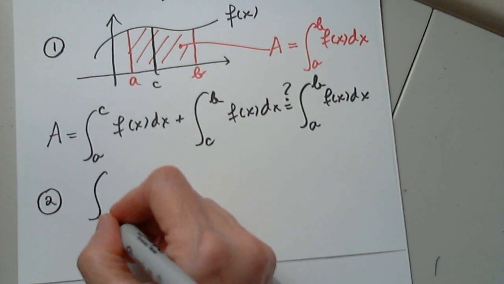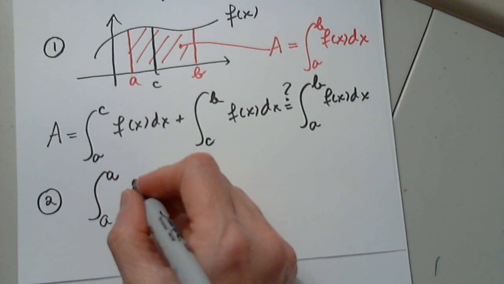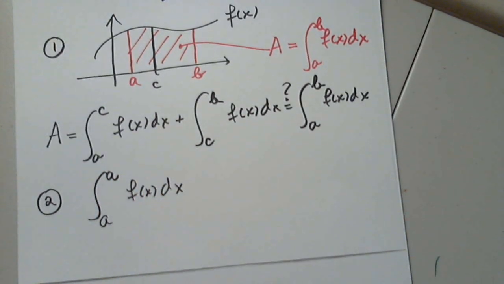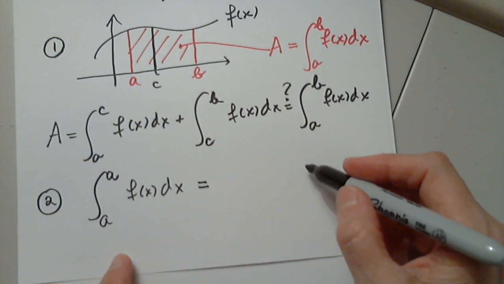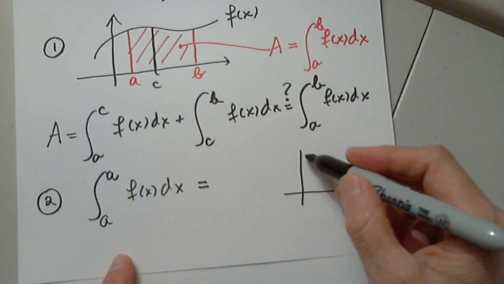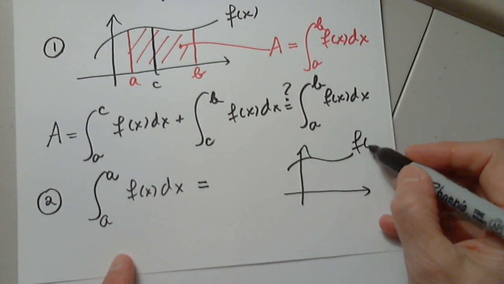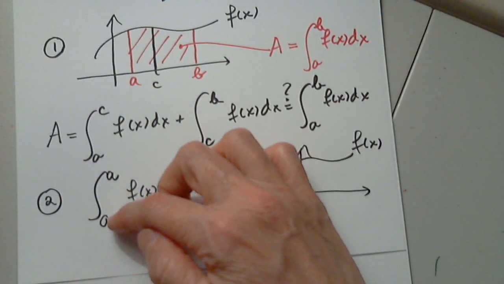Here's the second property. The integral from A to A from f of x dx. What do you think this equals? Let me show you the graph. So we have the function f of x, and this is from a to a.